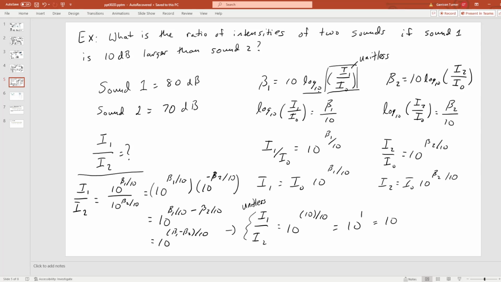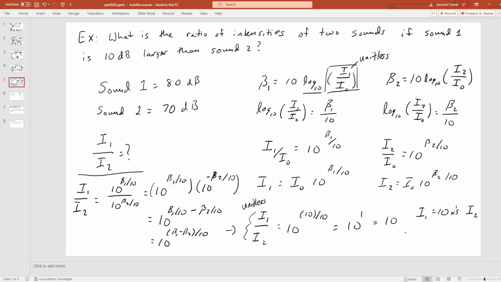You can do those calculations for yourself, but this gives you the recipe for how to do them. So what this means is I1 is 10 times I2. That's what this result is telling us.